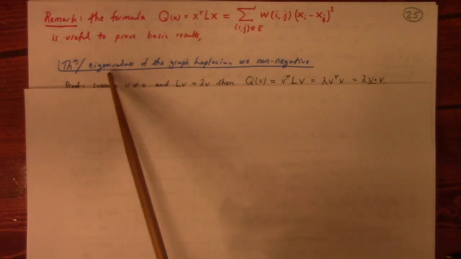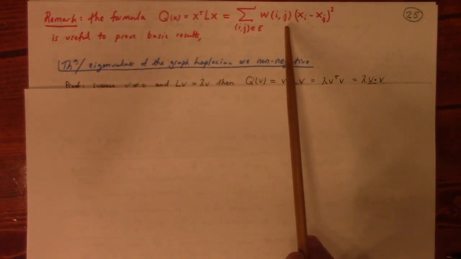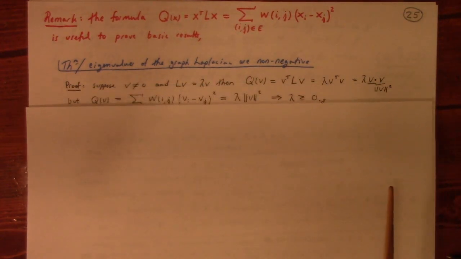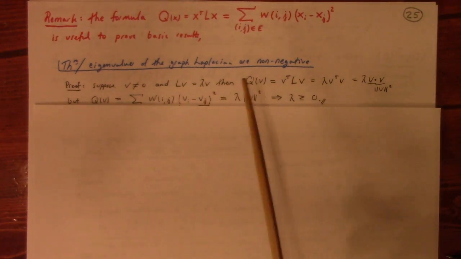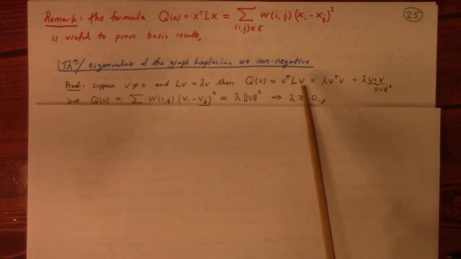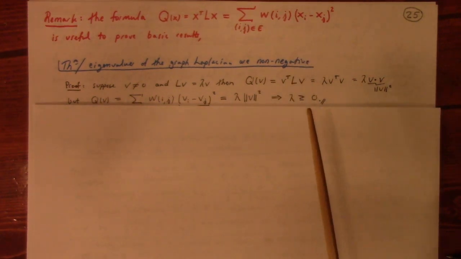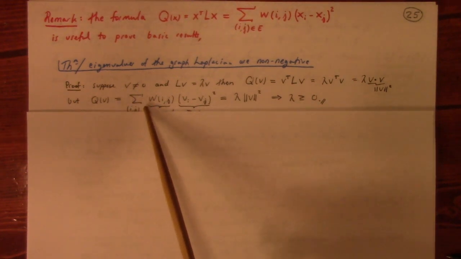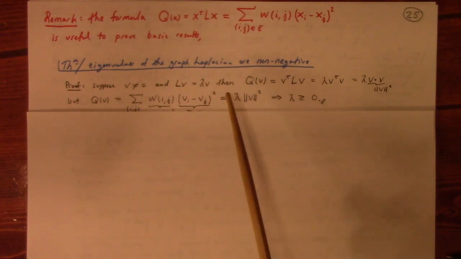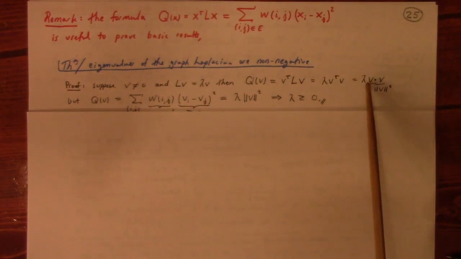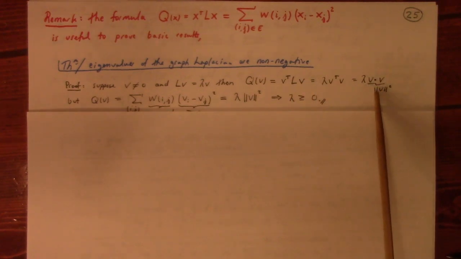For example, the eigenvalues of the graph Laplacian are non-negative. Well, suppose you've got an eigenvalue lambda, and you plug that eigenvector into the formula. What do you get out? You get q of v is this sum of weights times differences squared. But on the other hand, it's lambda times v dot v, and v dot v is the length of v squared.